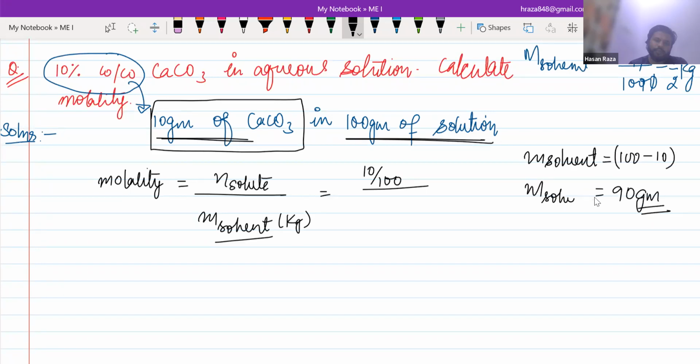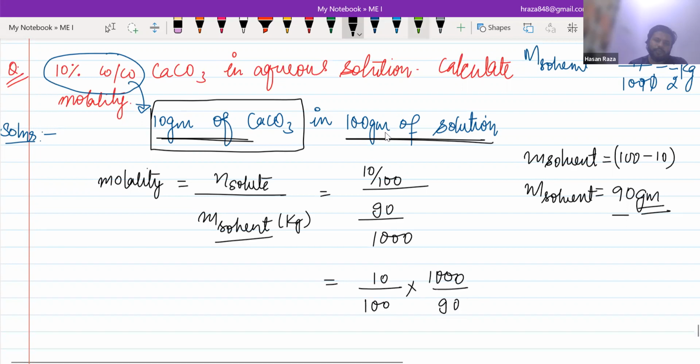Is that clear? Now we need to convert it into kg. When we put the value, it will be divided by 1000 because it is in gram. So 10 by 100 into 1000 upon 90. We can easily cancel this. Now what you will get is 10 by 9.